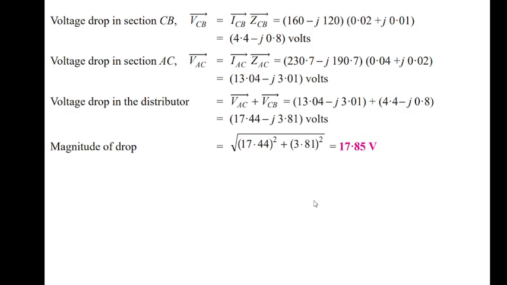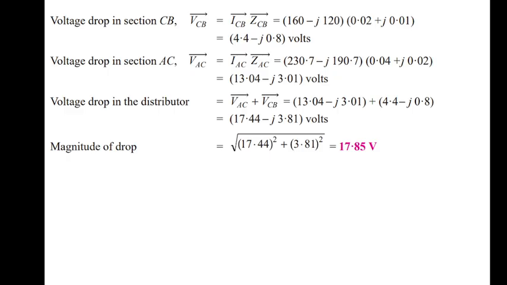First, the voltage drop in section CB is determined by multiplying the current in that section with its impedance, resulting in a complex voltage drop. Similarly, the voltage drop in section AC can also be calculated using the corresponding current and impedance.